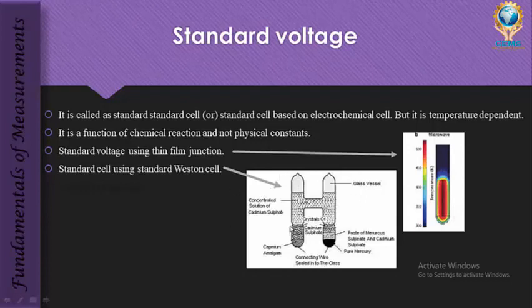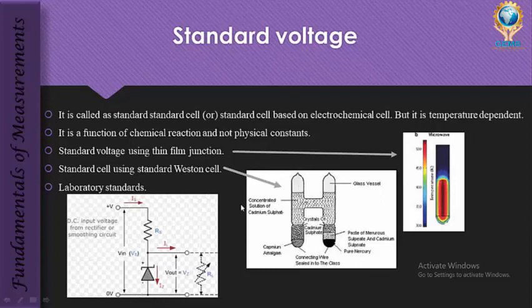And again, this particular system was not accurate, so they went for another system where they used laboratory standards. Okay, so in laboratory standards they took a Zener diode. So we all know a Zener diode will have a reference voltage. So they fixed the reference voltage, and they found out the voltage for which it has to be measured.